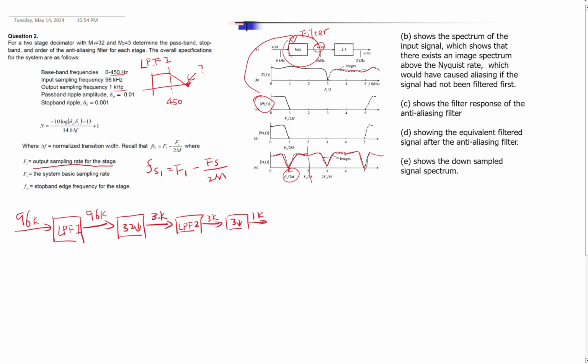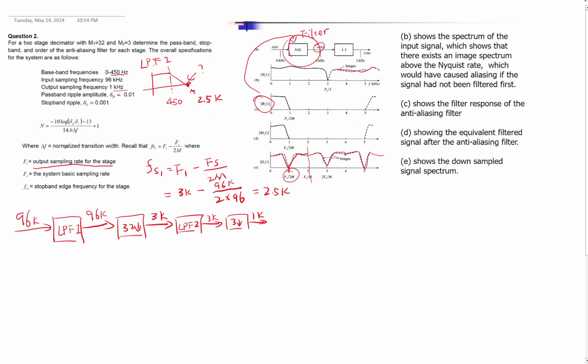So we get 3K minus Fs, the system's basic sampling frequency of 96K, over 2M. M here is 96, because we multiply 32 and 3, which is 96. If you do the math, 3K minus this gives you 2.5K.